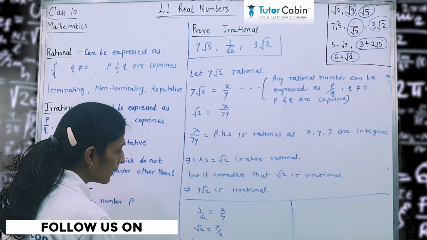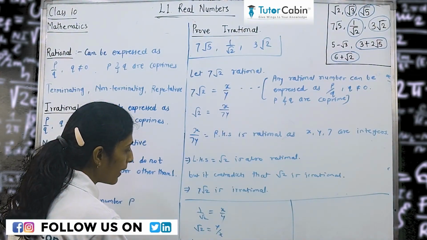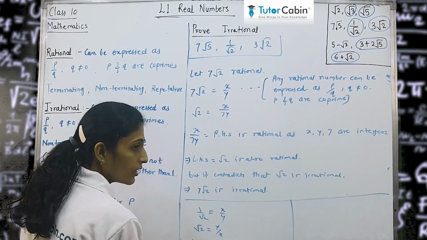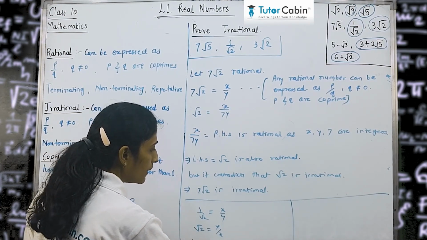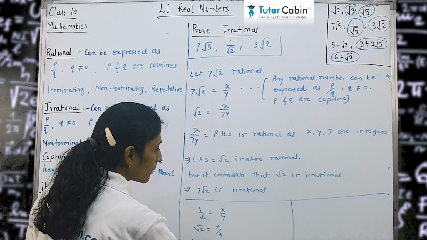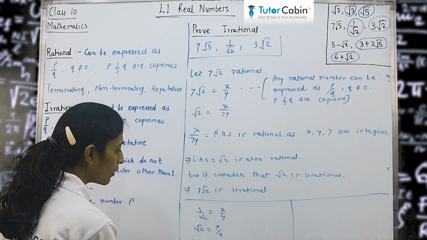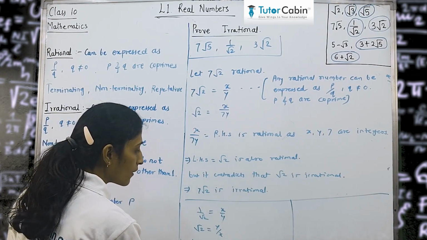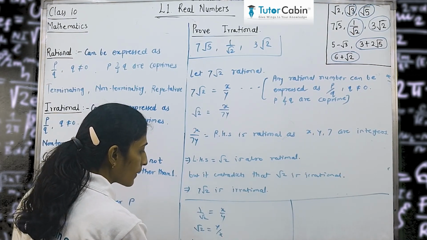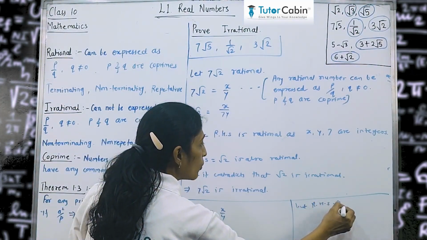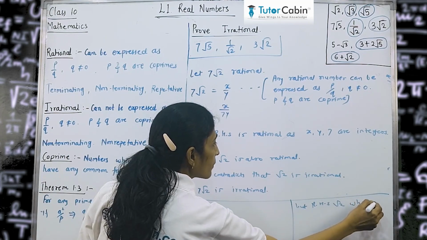Again, the right hand side, y by x, is rational, as x and y are integers. Which implies that the left hand side is also rational. But what is the left hand side? It is root 2, which is irrational.